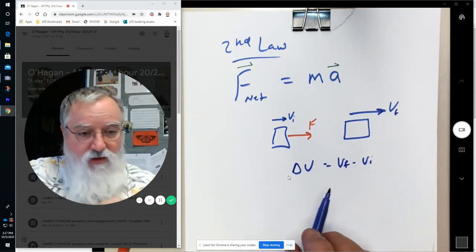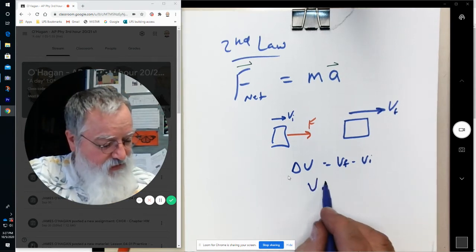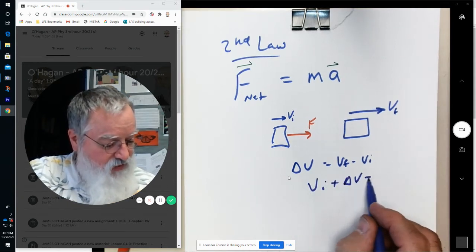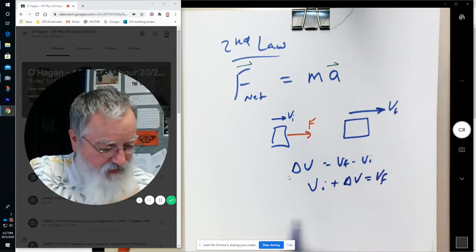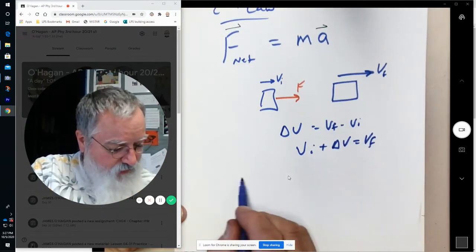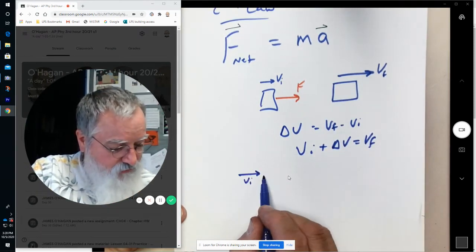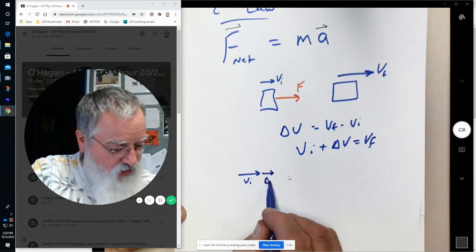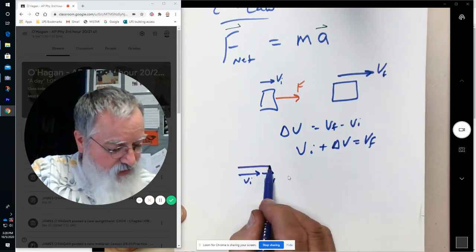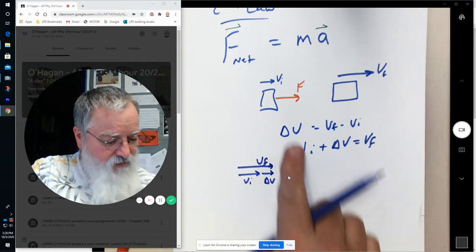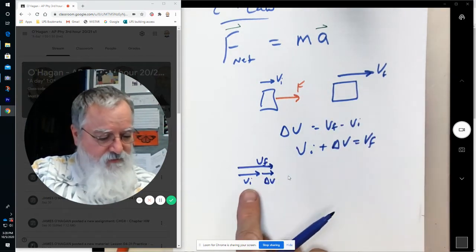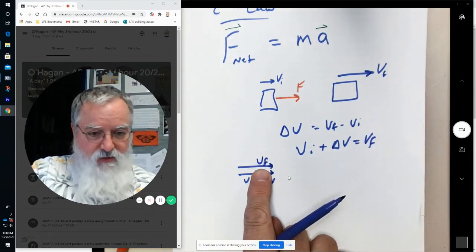Or do it this way. Velocity initial plus change in velocity equals velocity final. Back to our little sketch. Here's my velocity initial. Here's my change in velocity, and that's going to equal the velocity final. Little one plus the change equals the big one.